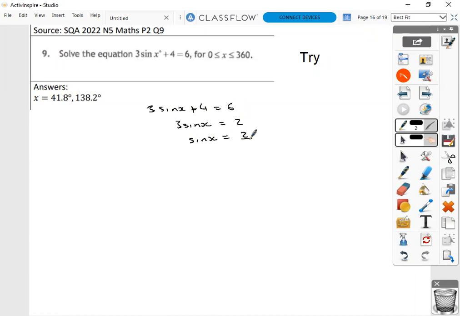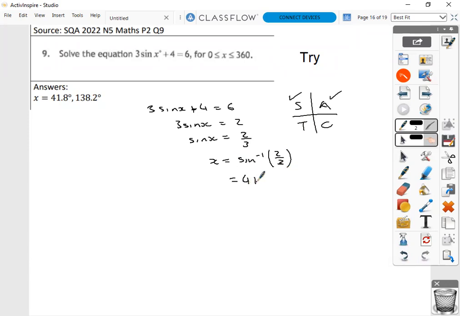Sin x equals 2 over 3. So we're positive, all positive between 0 and 90, and on the sine quadrant again. We've been in the sine quadrant every time. We don't need to do anything on our calculators. Sine to negative 1, 2 divided by 3.